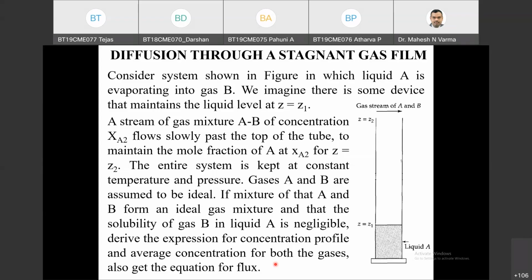A gas mixture of A and B flows over the surface, at the top of the tube, and it has a concentration of XA2.